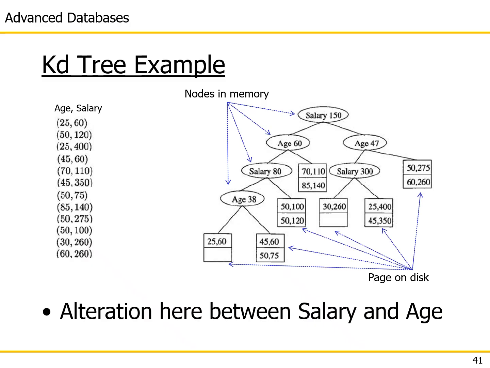When I was inserting 70, 110, I looked at the root node and it says salary, so I look into the salary value and it was 110. 110 is less than 150, so I go left. Then I look at the next node and it says age and the value is 60, and the age given to me in that row is 70, so I go right. And this is why 70, 110 went into that page.